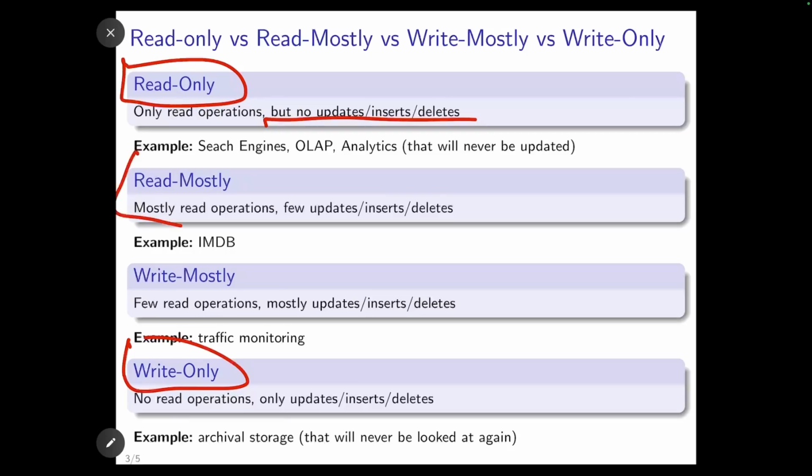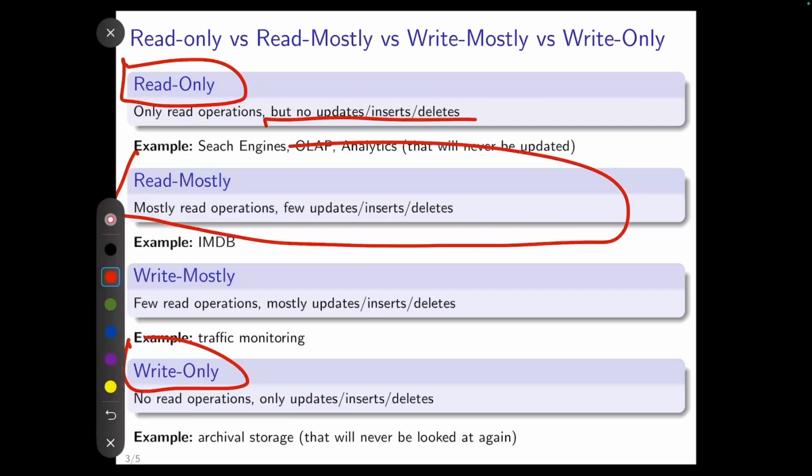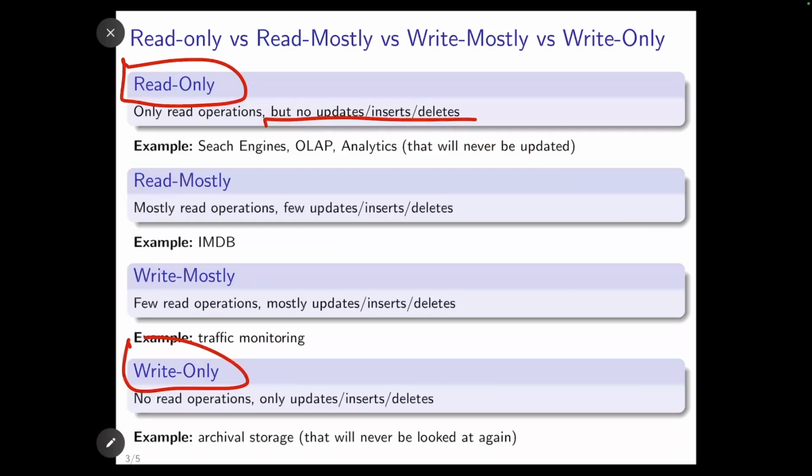So read-mostly means most of the stuff is reads. Few updates, inserts, and deletes. A good example for that is IMDb, actually. Yeah, so it really depends on your database system. It's not too many movies that are produced in the world, yeah?